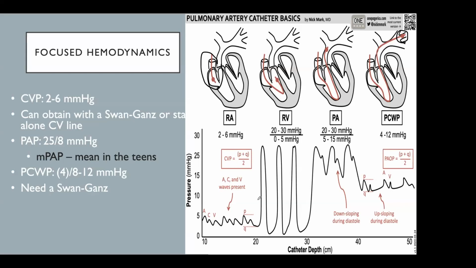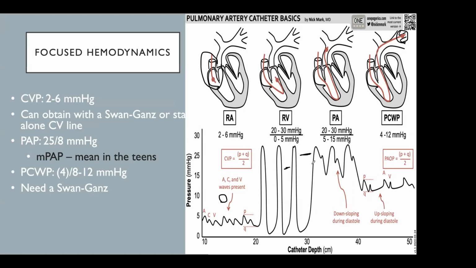If we're looking at our monitors for a Swan-Ganz catheter, we can see the big differences between our atrial pressures here, right? Our ventricular pressures here, and our pulmonary artery pressure should be reflective of what the right ventricle is doing. So it's roughly about the same. You can see this level here, right?